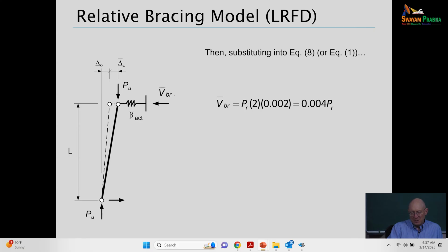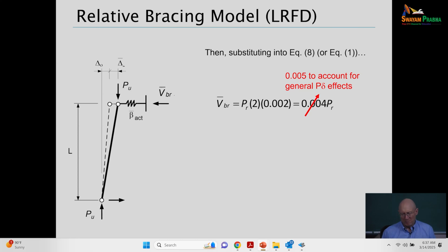And I showed it as PU in the sketch. I should show it in the equation also. PR is PU. Now the commentary says 0.005. The reason for that is, in general, when we're looking at panel bracing and we get any lateral bending of the columns and so forth, we end up with some P small delta effects, and those effects can tend to increase the bracing force a little bit.